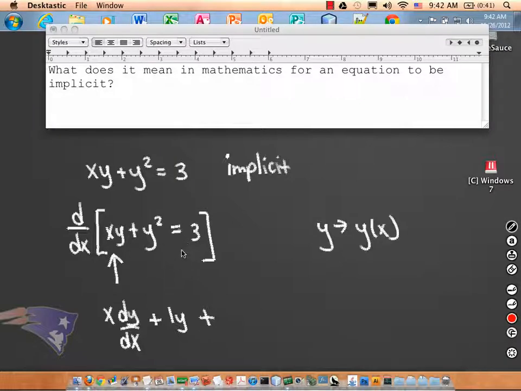What rule of differentiation do I have to use? Power rule. So this becomes 2y, and then by the chain rule, dy/dx, equals, and then what's the derivative of a constant? 0.